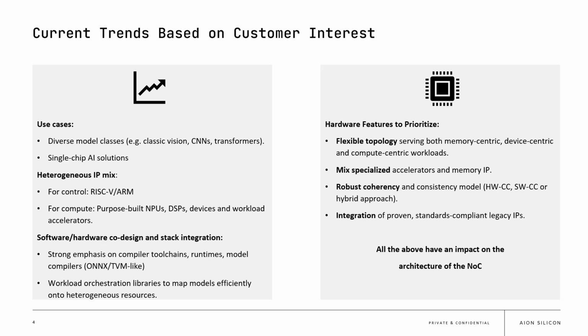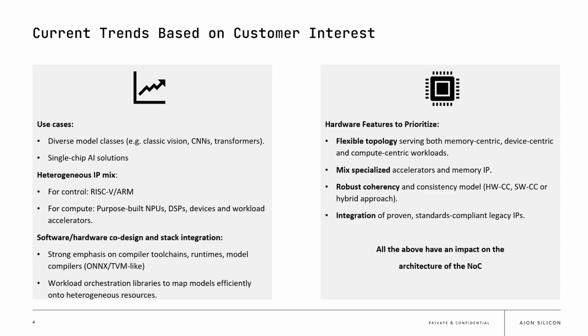What are some of the current trends Aion is seeing based on customer interest in AI SoCs? First of all, we're seeing a diverse range of use case classes. Typically CNNs for inference type applications, but also transformer models are becoming more popular.